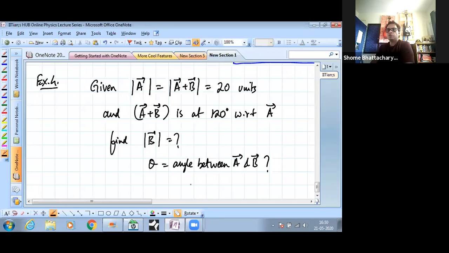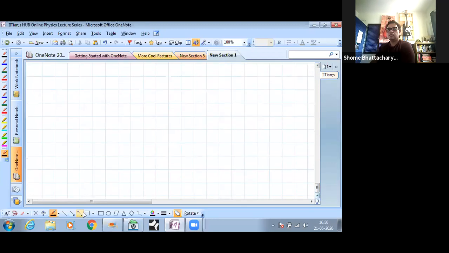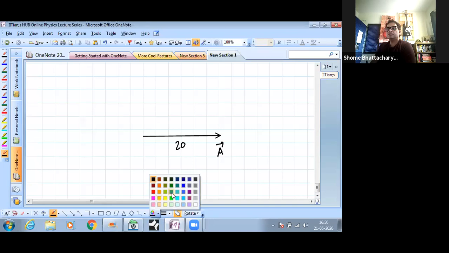Is the question clear to all of you? Let's interpret what the question means. We have some kind of a vector E. Let's say like this. Now E is of magnitude 20 units. Now the resultant of E and B is at 120 degrees to it.